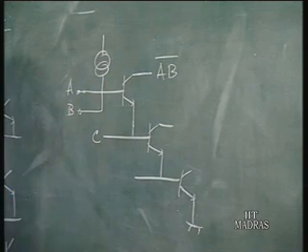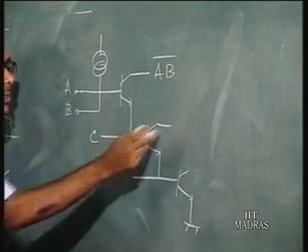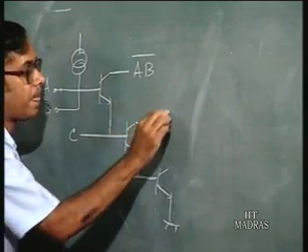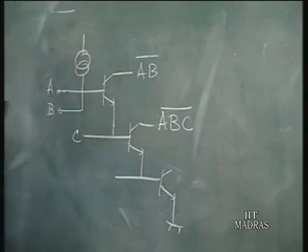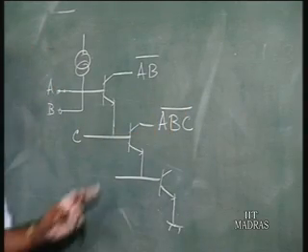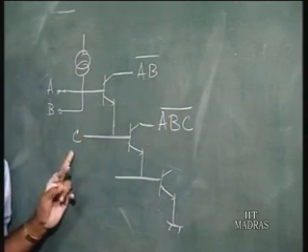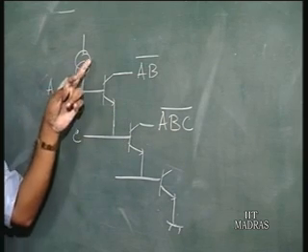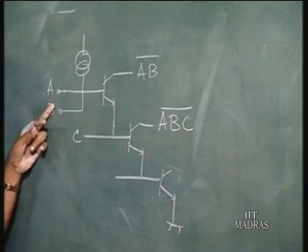So, if you have C here, that is another input. What is the output here? This is going to be ABC bar, that is, if any of A, B or C is low, output is going to be high. See, if A or B is low, then the current is flowing this way.